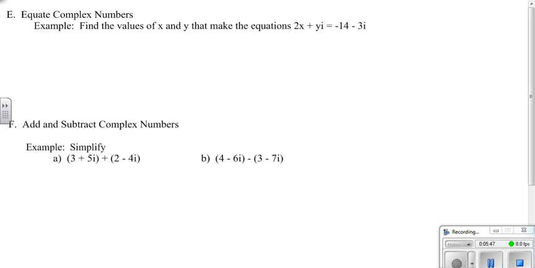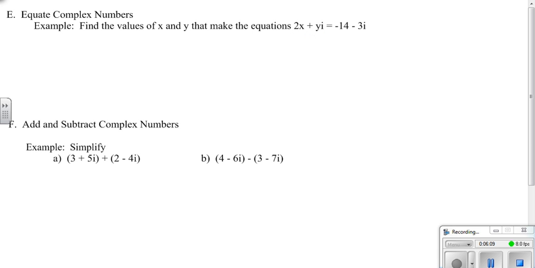When we want to find values of x and y that will make these complex numbers equal, we have our complex numbers. This is our real part. This is our imaginary part because this part has the i. This is just real numbers.